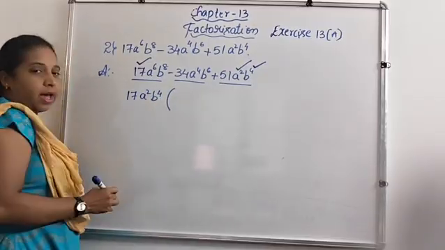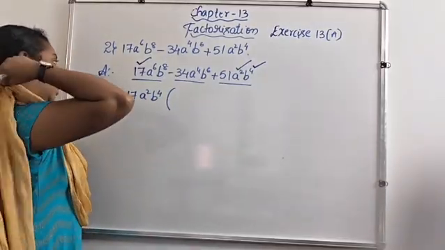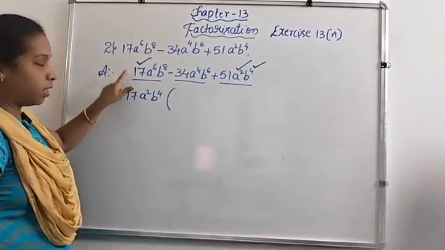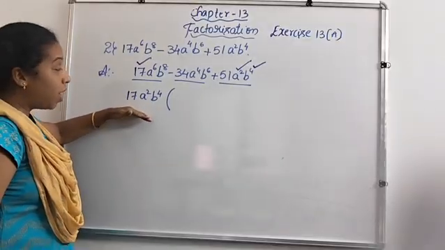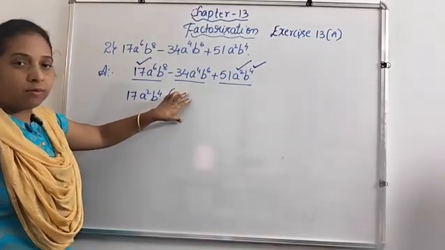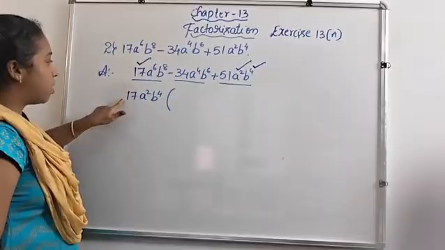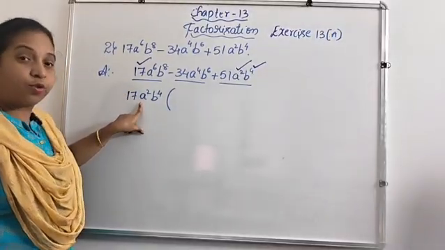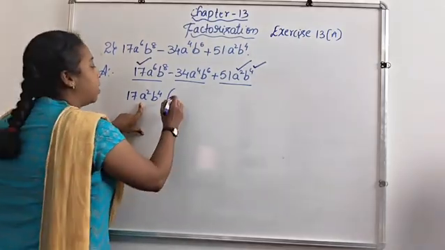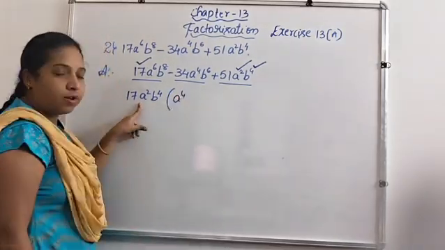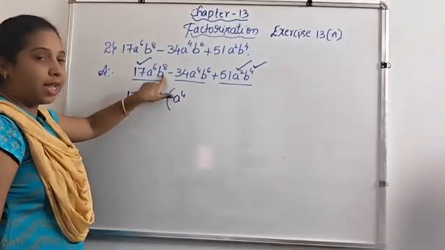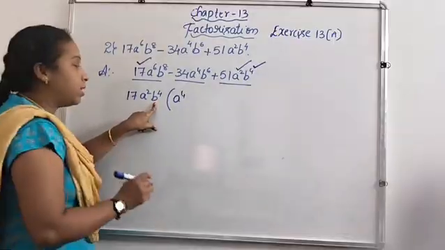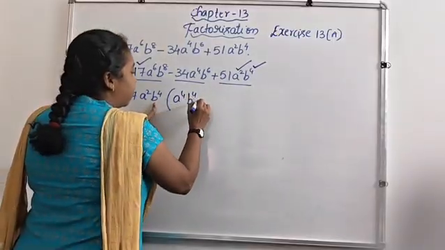If you put a bracket, then in the first term, which one will be common? Already taken. Apart from that, we write the remaining term. So 17, nothing to write. A to the power of 6, we have taken a to the power of 2 as common, remaining is a to the power of 4. b to the power of 8, we have taken b to the power of 4, remaining is b to the power of 4.